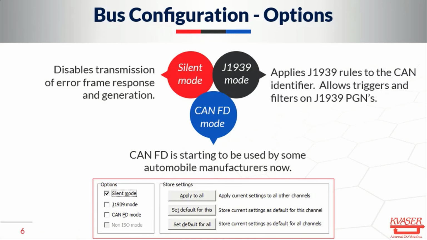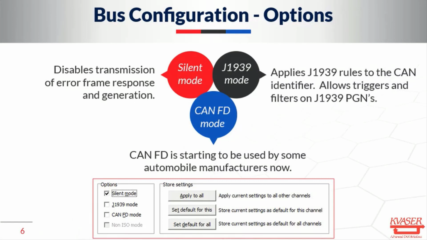In J1939, you're almost always talking about a 29-bit CAN ID, and it's broken down into priority, PGN, and source address. By selecting J1939 mode, it gives you additional screens later in the Memorator configuration tools where you can actually set triggers and filters on PGN or source address.